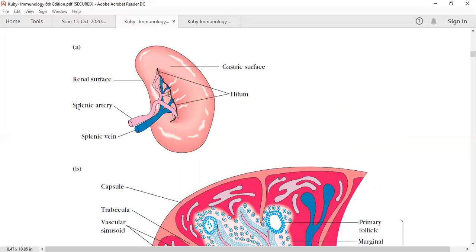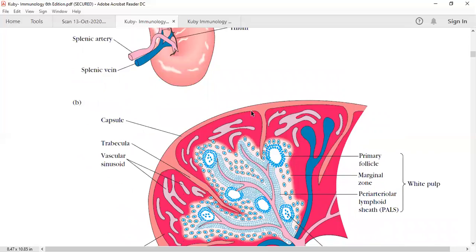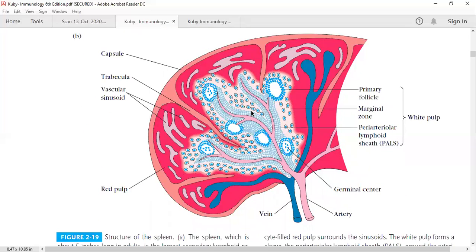It has a supply of splenic artery and splenic vein. The splenic artery brings blood to this organ, and the vein carries the blood out. Because there is a continuous blood supply, if antigen is present in the blood circulation, when blood comes into the spleen, the spleen will entrap this pathogen or antigen.